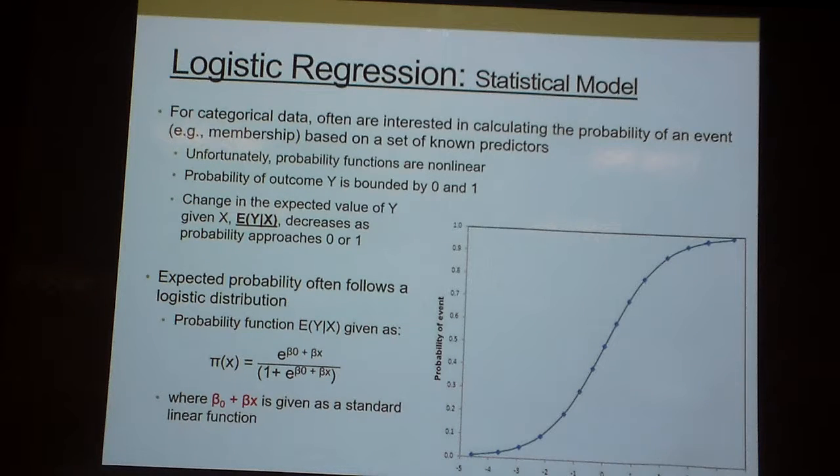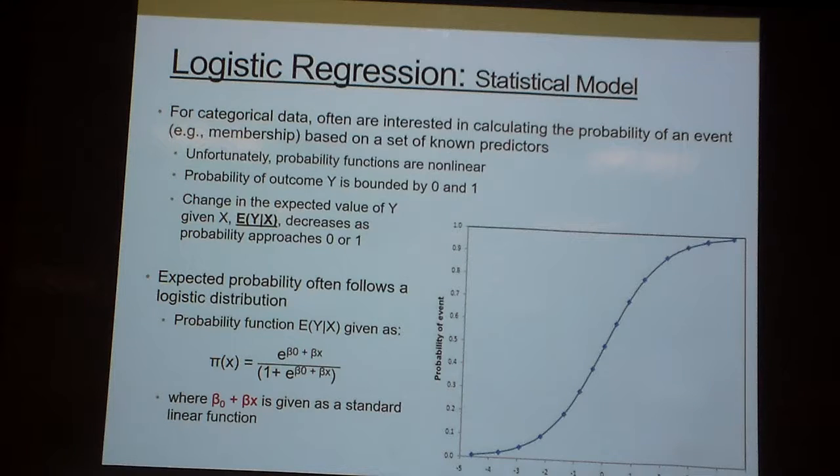And so what we end up doing is we take this probability function, and we can get linearity in these parameters, right? But if we want to predict a probability, what we end up with is base e to our linear function over the top of 1 plus base e to the linear function. That's a nasty, nasty mess, right?